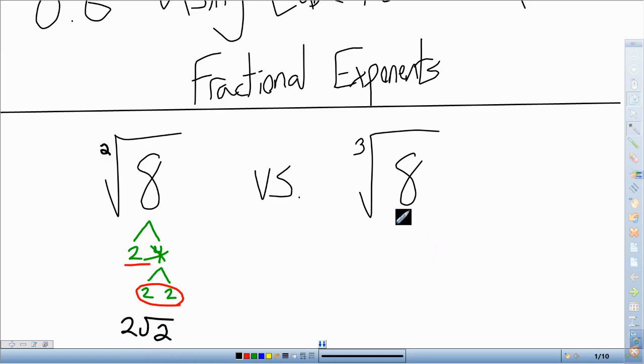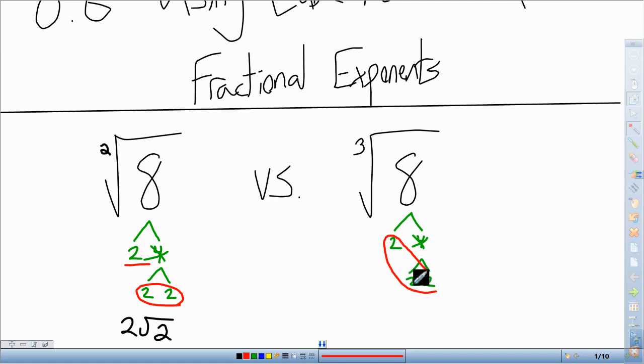When we go to do the cube root of 8, we would break it down the same way. We're still looking for 2 numbers that multiply to get 8. So 2 times 4, and 4 breaks down into 2 times 2, just like this. But now when we look for our numbers, like I mentioned, we are looking for 3 of the same number. On this one, yes, we do have 3 2s.